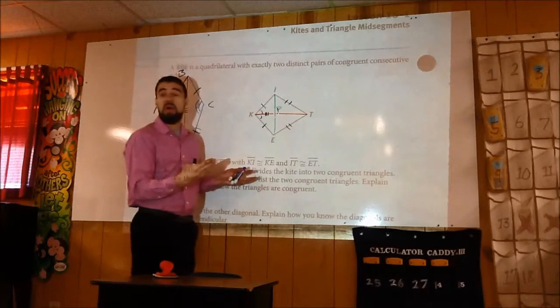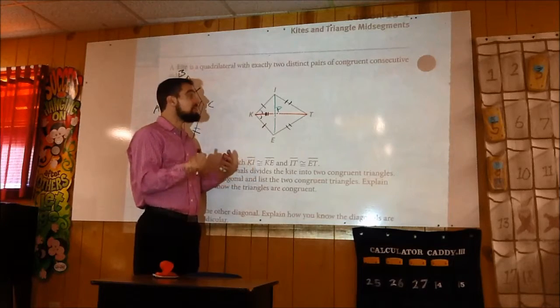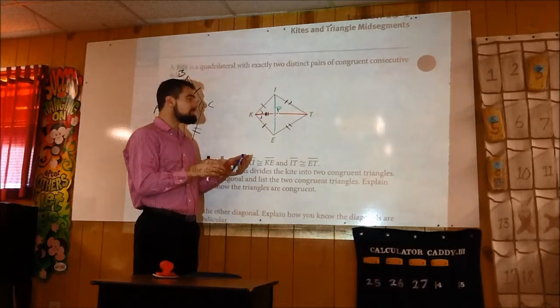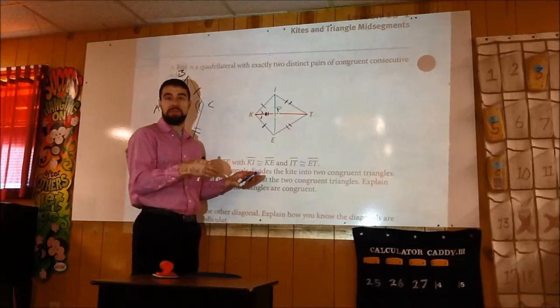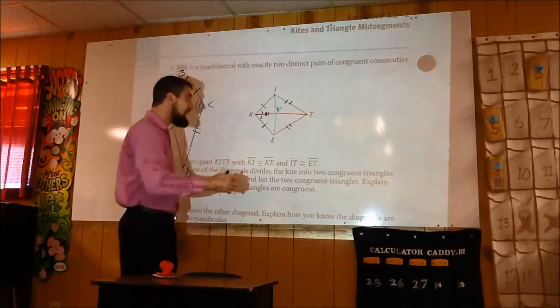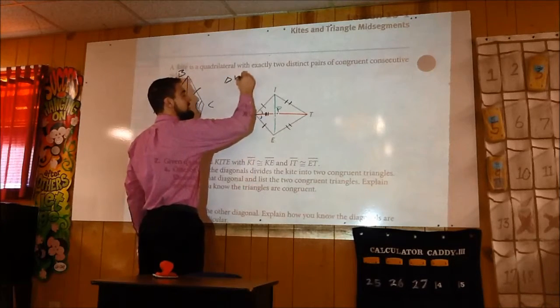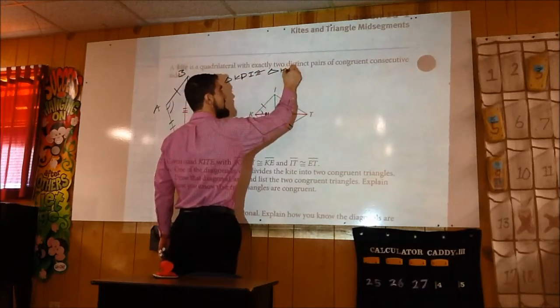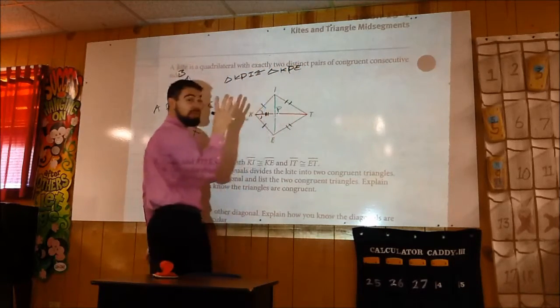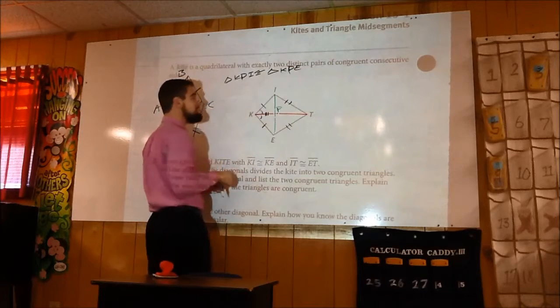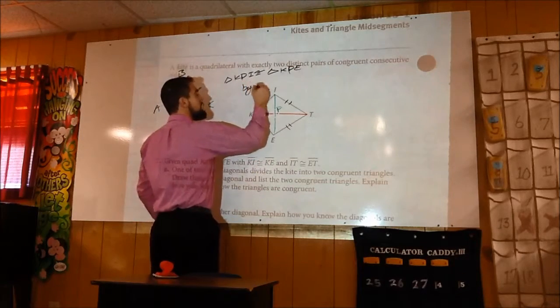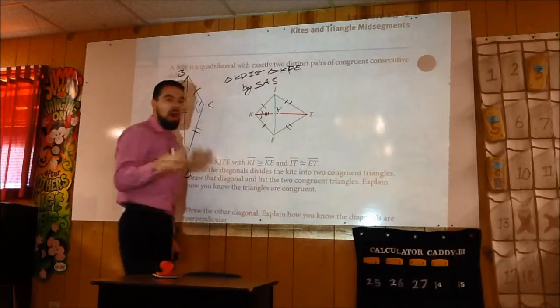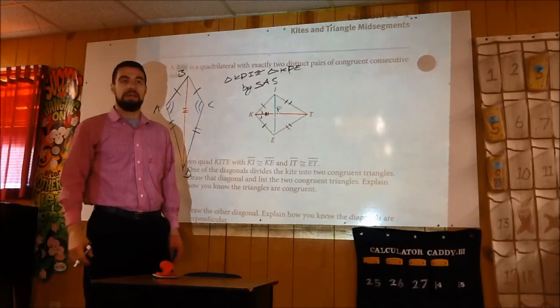Well, right now, all that's marked is 3 corresponding parts that are congruent. Well, once I've claimed that these 2 triangles are congruent, and I've justified it by a theorem, one of those 5 theorems, I now know all of the other corresponding parts are congruent as well.